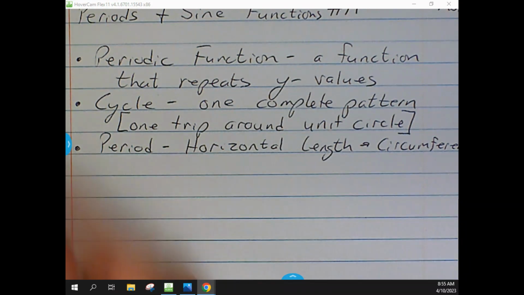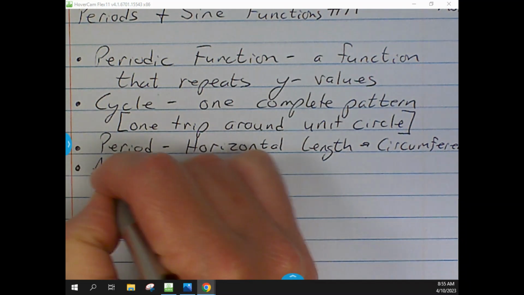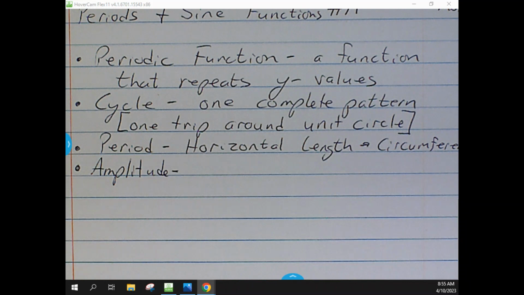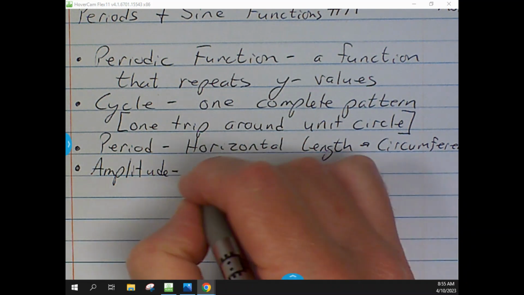All right, amplitude. The amplitude is your vertical length from zero.